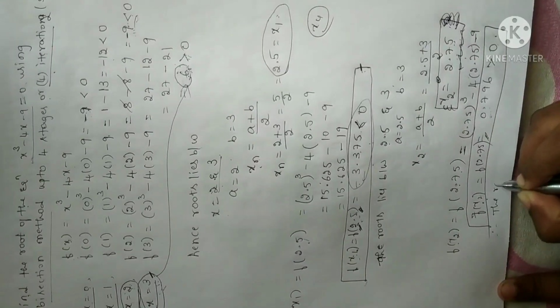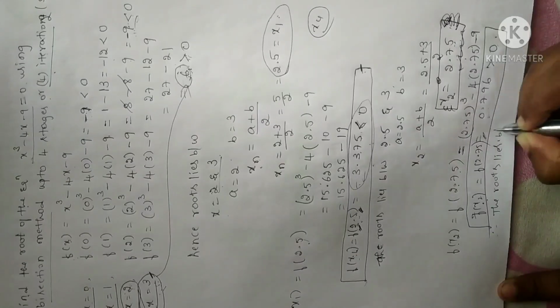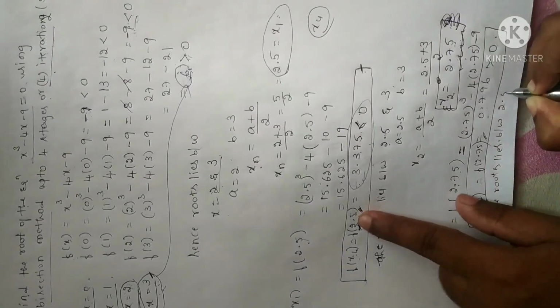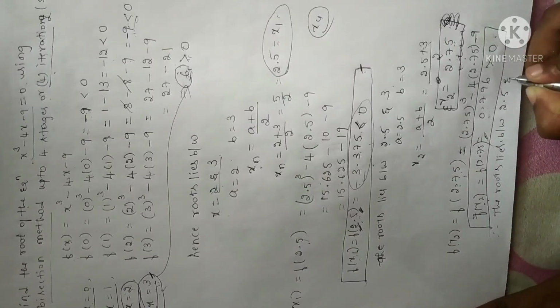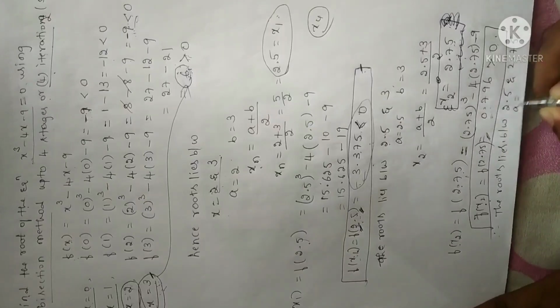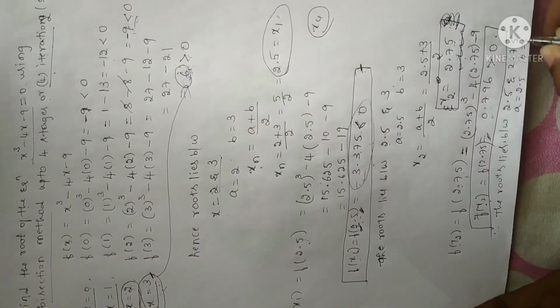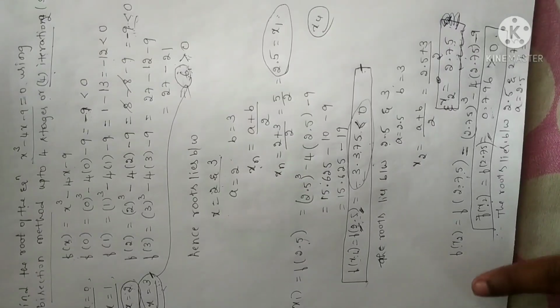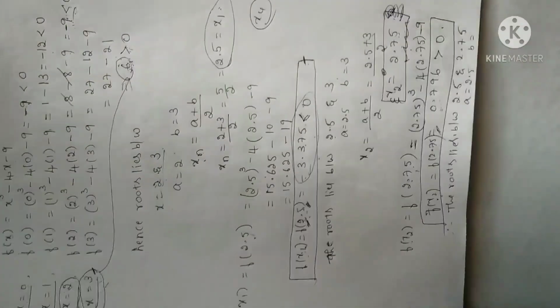So I am going to consider next 2.5 and 2.75. Therefore, the root lies between 2.5 and 2.75. Now you have to take 2.5 as the a value and 2.75 as the b value. Let me see how we're going to solve. Now I'm continuing the same.